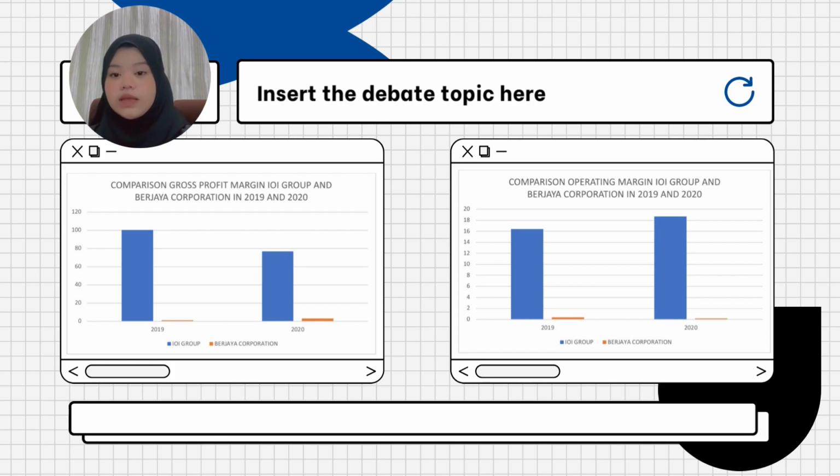In 2020, IOI Group decreased its gross profit from 100.5% to 76.4%, but Berjaya Corporation still be the lowest gross profit margin, even though the company shows an increase from 0.13% to 3.06%. Based on the comparison, it could indicate that IOI Group are the highest contribution for its margin.